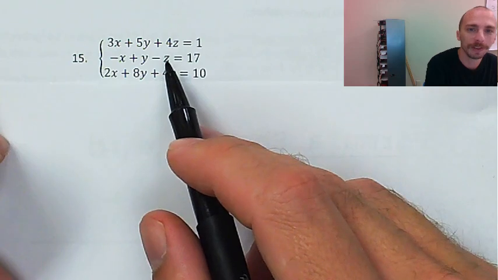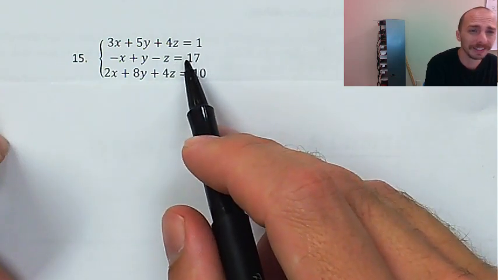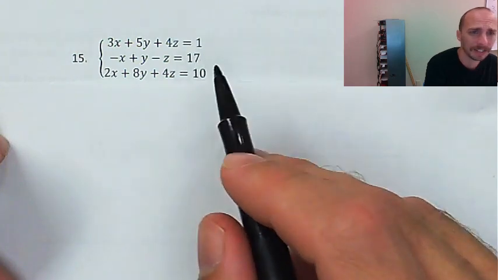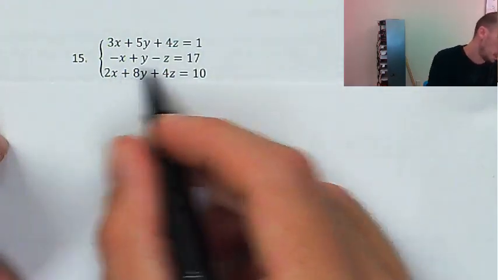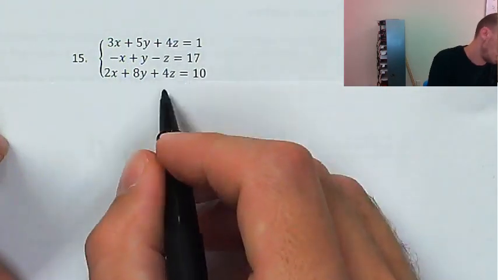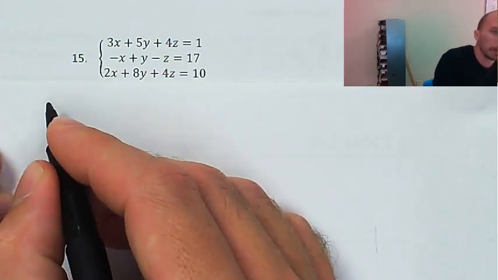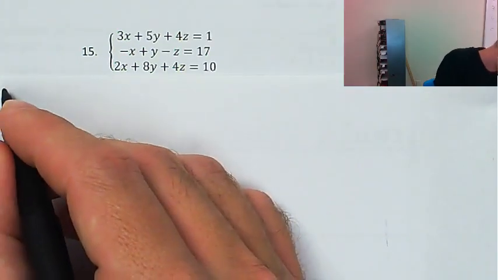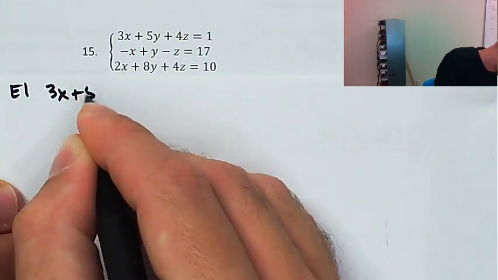If I knew 17 times 4, 68? I guess I'd never done 17 times 4 before. I'm sure I have, but yeah, I'll do that, so that I can eliminate z. So I'm going to take equation 1, just copy it directly.